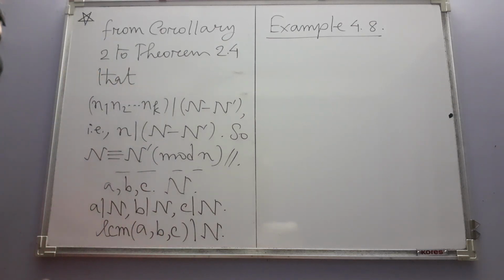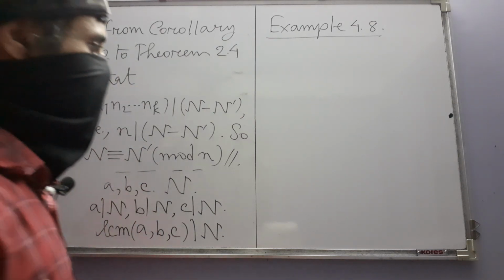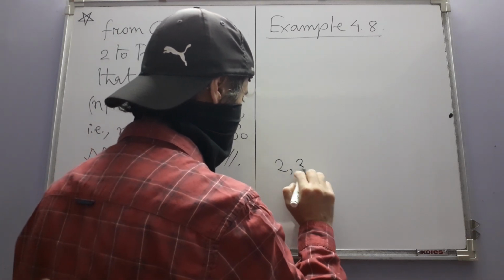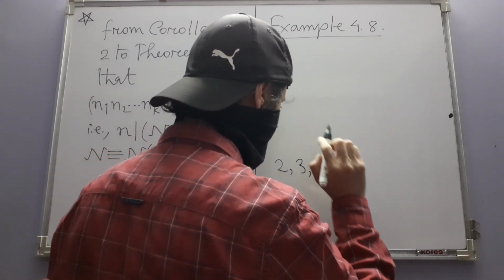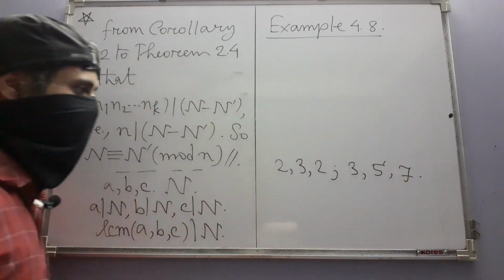So what he was asking us was to find an integer that will leave the remainders 2, 3 and 2 when divided by 3, 5 and 7.